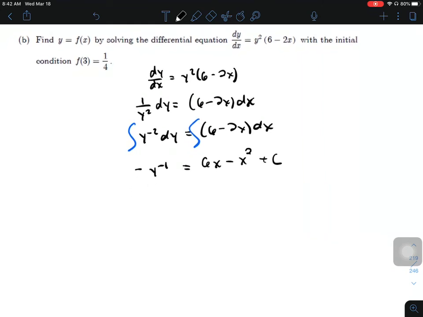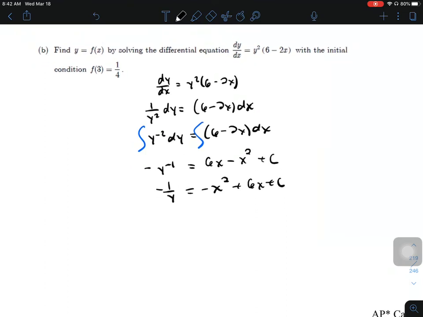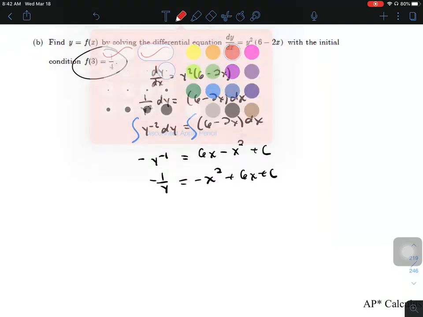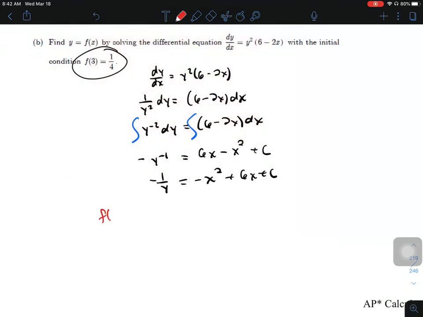I could rewrite this just so it's easier to do calculations as negative 1 over y, and I like having my x terms in descending order. We're supposed to solve it with the initial condition. So I want to know what's going to happen when we have the ordered pair (3, 1/4).